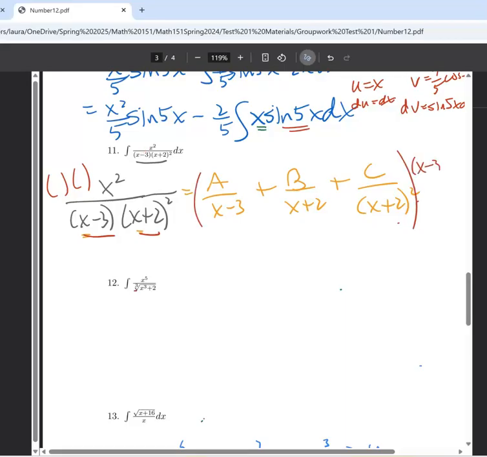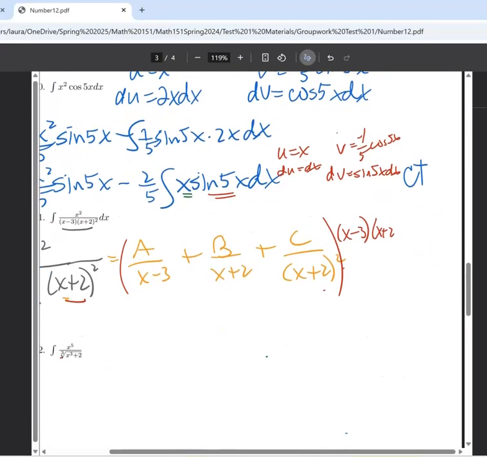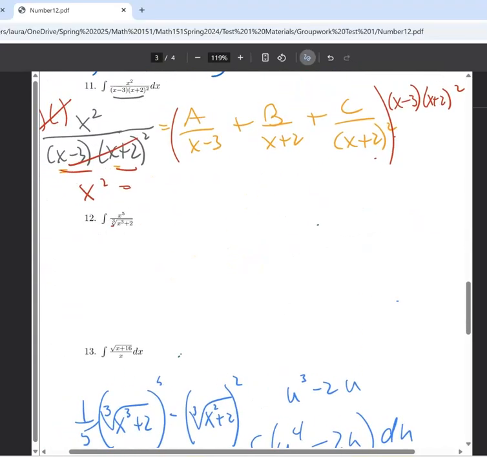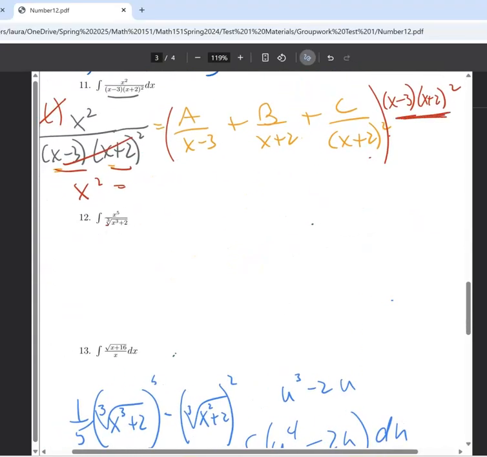So I have (x minus 3)(x plus 2) squared. Okay, these denominators cancel, so I get x squared on the left-hand side. Be careful and think about how you're multiplying this through and canceling.